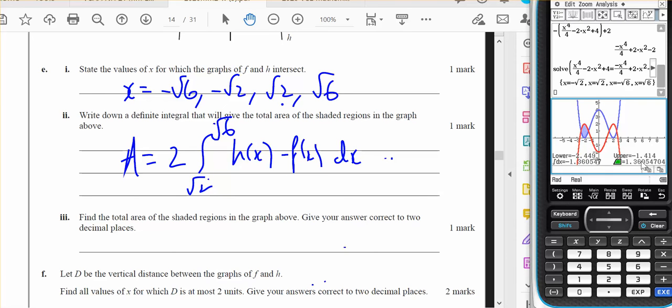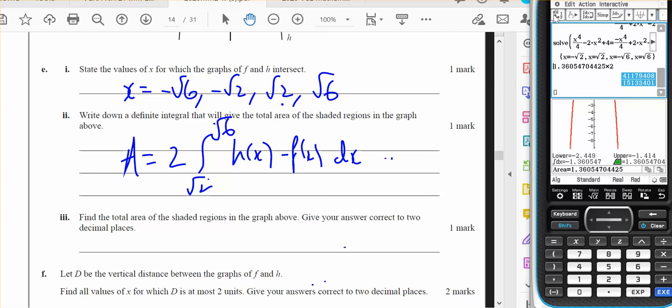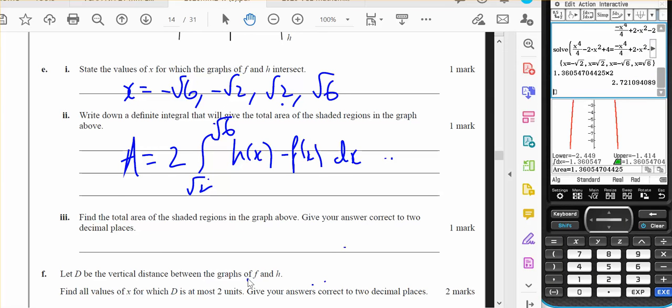That area is that area, which is this area, which is this. And then times it by 2. That should be my total area, which is 2.72. To 2 decimal places, 2.72.